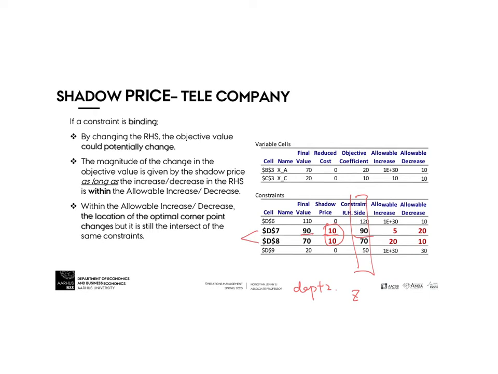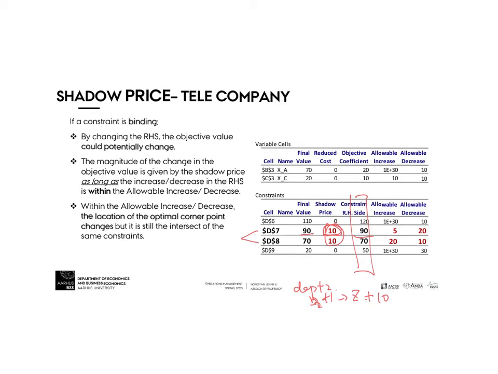So your Z value may be increased by 10 units if you increase B2 by one more. That is also the maximum value you can invest in one extra unit of capacity.